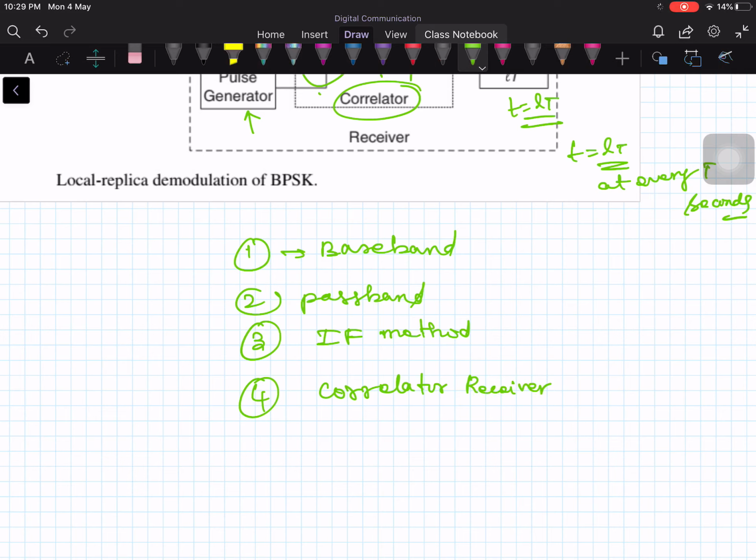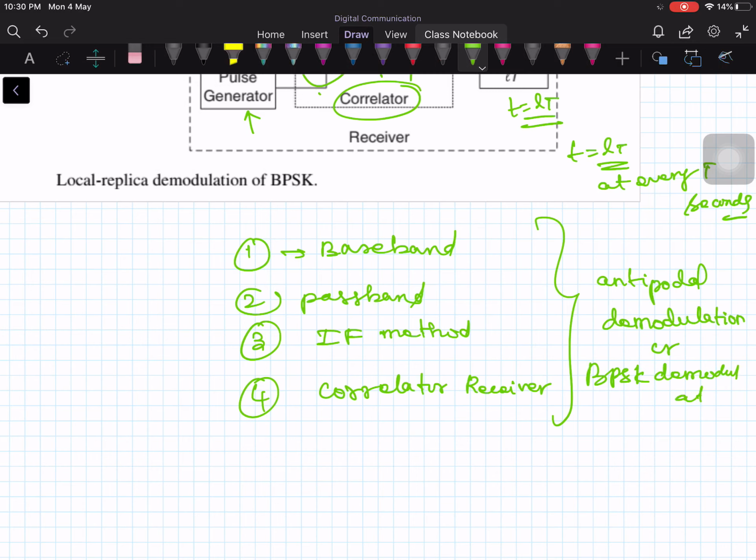So I think that more or less covers BPSK demodulation or antipodal digital demodulation. So these 4 methods are used for antipodal demodulation, or I can say BPSK demodulation.